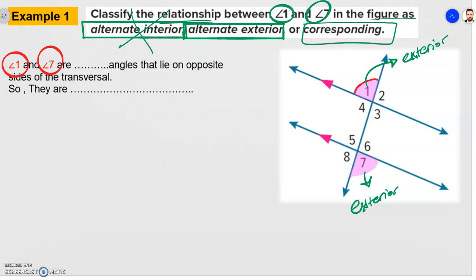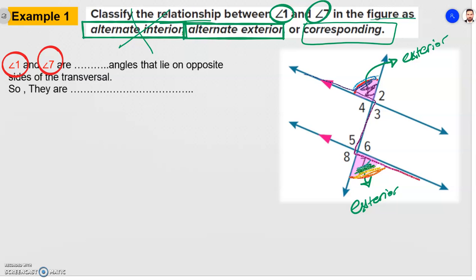Also they are on different sides and in different positions. And also they make a letter Z, exterior Z and exterior.